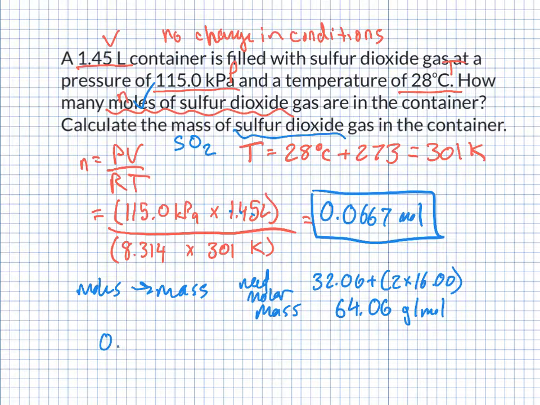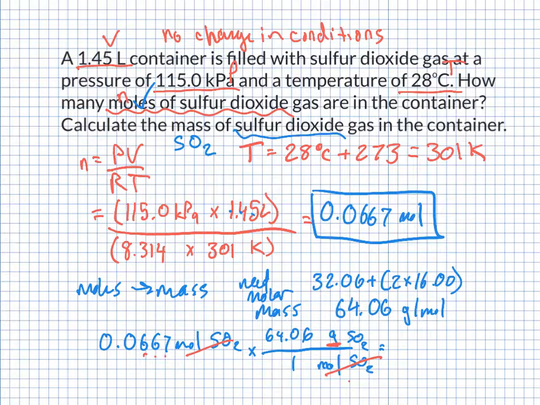I'm going to start with the moles of SO2 that I just calculated, and I need grams in my numerator and moles in my denominator. The molar mass number always goes with the grams. 1 always goes with the moles. So this is a multiplication. My moles of SO2 cancels out, leaving me in grams, which is what the question was asking for.